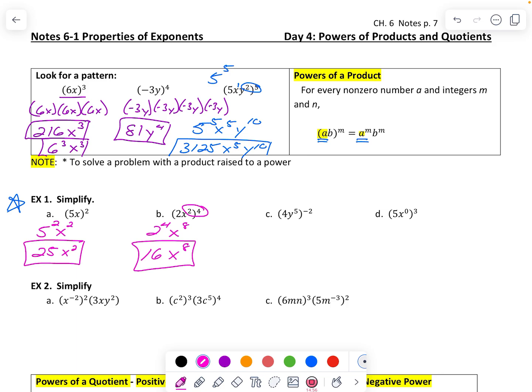Now, let's just do it this way. This is going to be 4 to the negative 2, y to the negative 10. So we need to rewrite that as 1 over 4 squared, so 16, and then that y to the 10th. All of that moves to the denominator to become positive exponents. Anything to the 0 is 1, so this is just going to be 5 to the third, or 125. That's it.